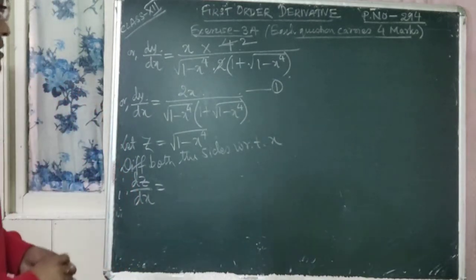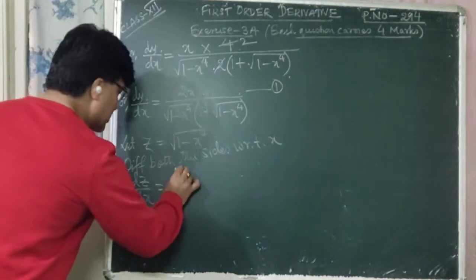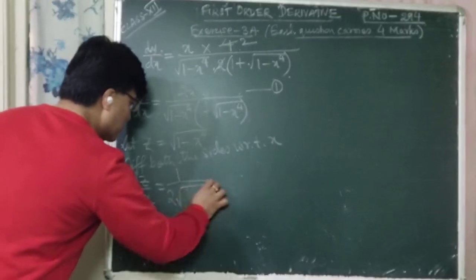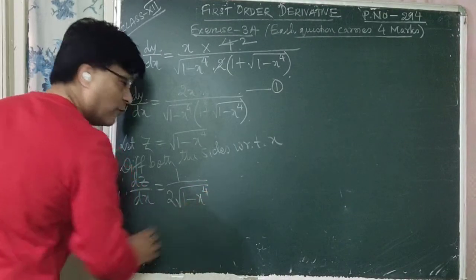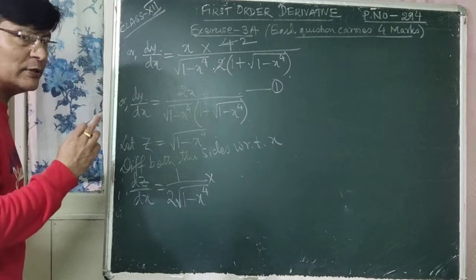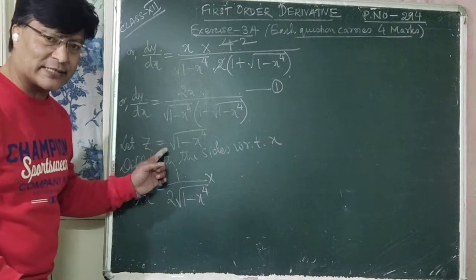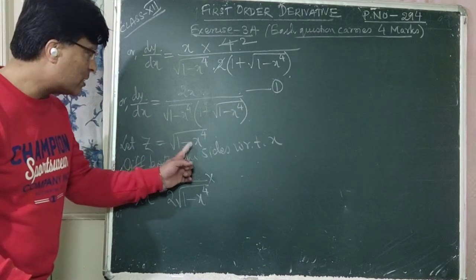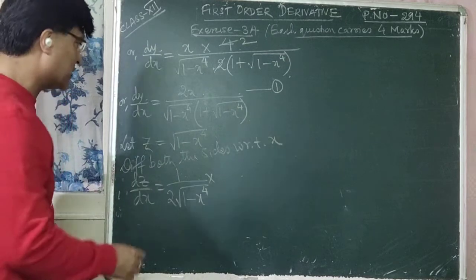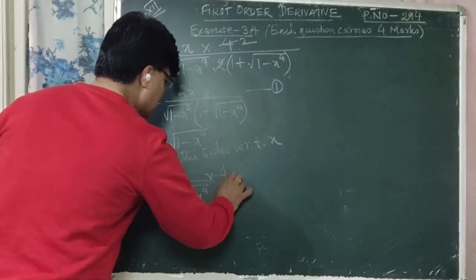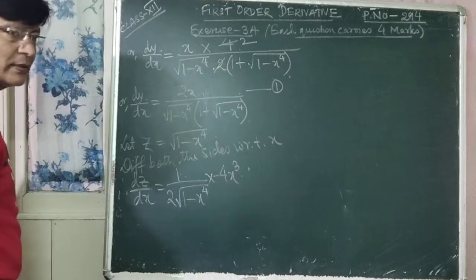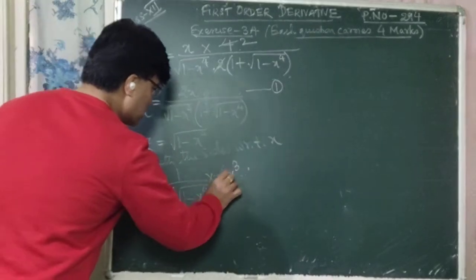So what is the differentiation of root over x? 1 by 2 root x. But here it is 2 root over 1 minus x to the power 4 into, again you have to differentiate the term which is assumed as x. That is 1 minus x to the power 4 was assumed as x. So what do we get? Minus 4x cube. Right? So 2 1s are 2, 2 2s are 4.